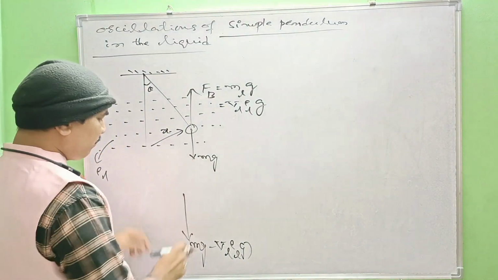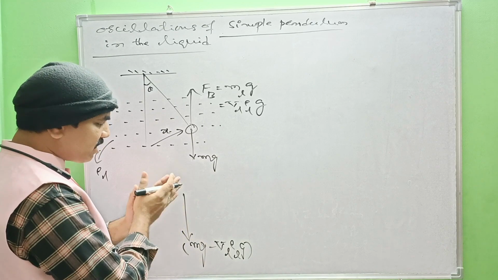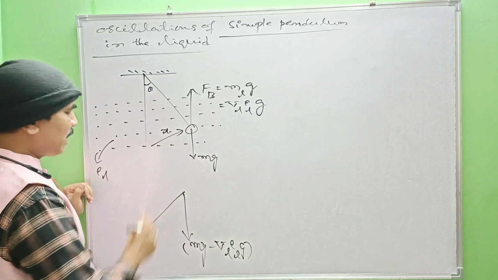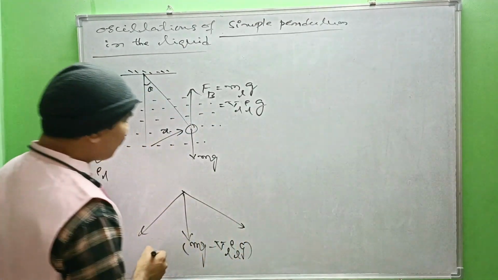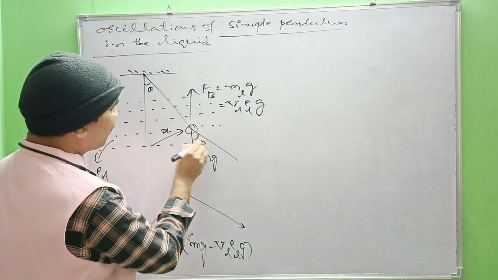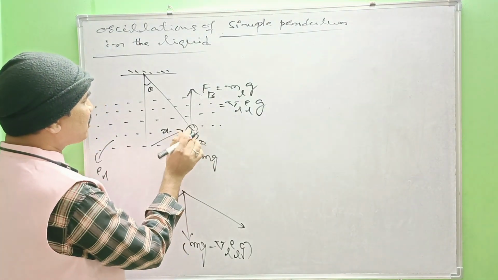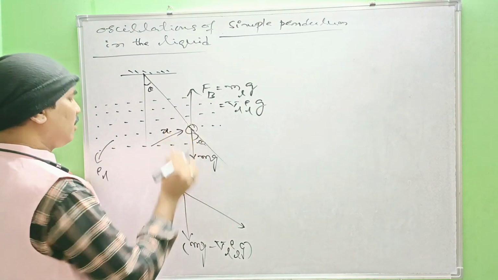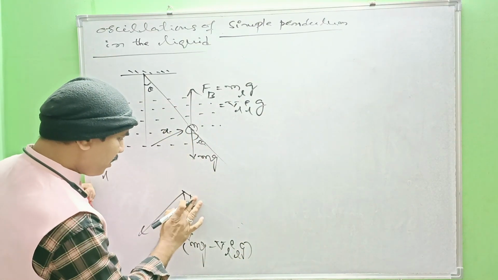If this net force is resolved into two components, one is opposite to displacement, another is perpendicular to the displacement line. If here it is theta, here also theta. If I extend this line like this, theta is the angle here, so here also theta.